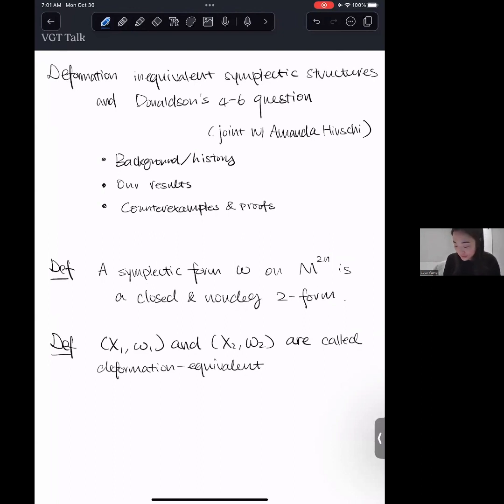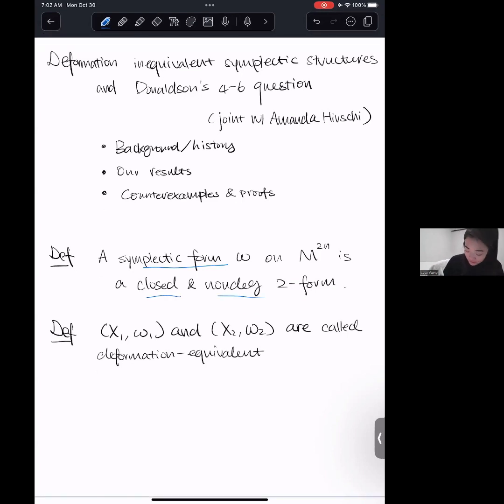As many of you know, a symplectic form on a closed even dimensional manifold is a closed and non-degenerate two form. And then we say two symplectic manifolds are deformation equivalent if there exists a diffeomorphism, say from X to Y, such that the pullback of the symplectic form has a path to the other one.